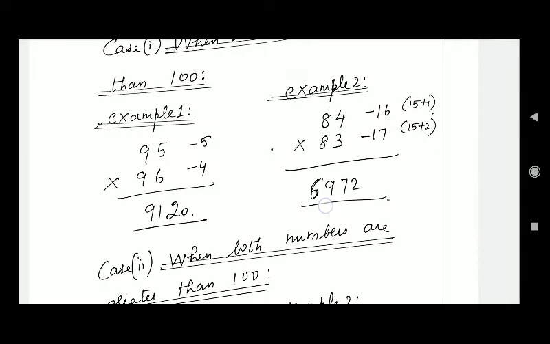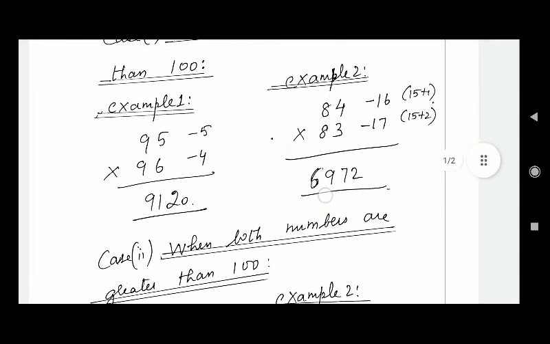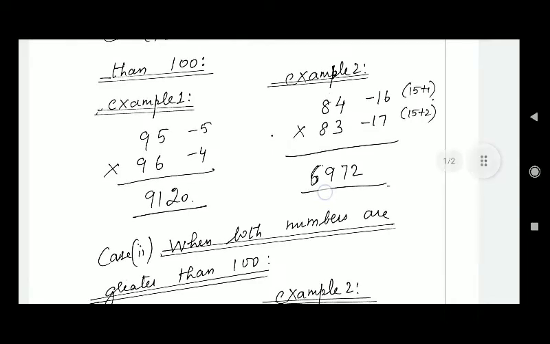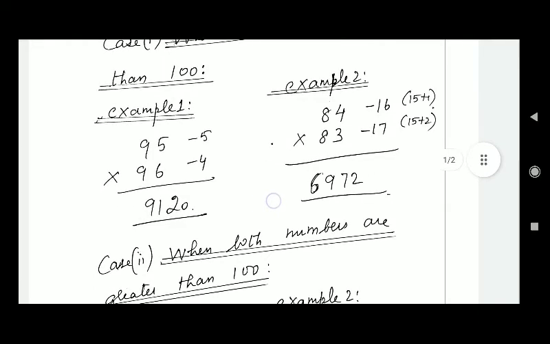Now, for the first two digits of the final answer, I shall subtract 4 from 95, that means 4 from the left hand side top value, or 5 from 96, or rather 5 from the left hand side bottom value. Both will give me the same result. So 9120 is my required answer. Hope this is quite easier than the normal method.